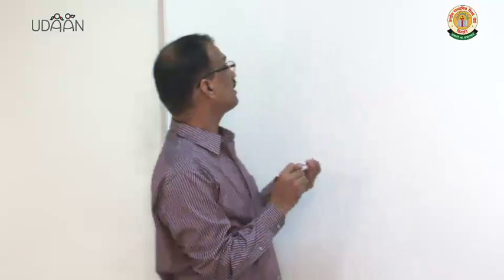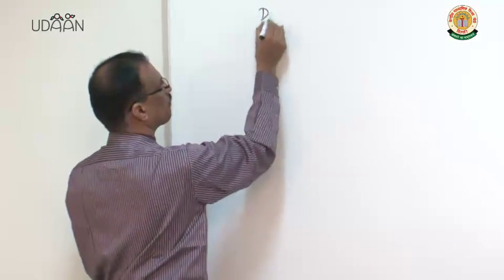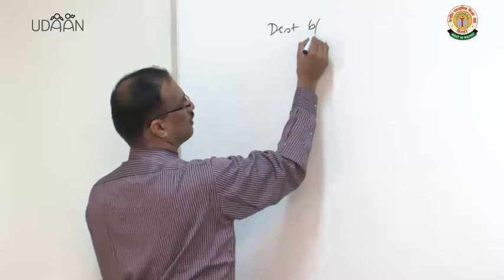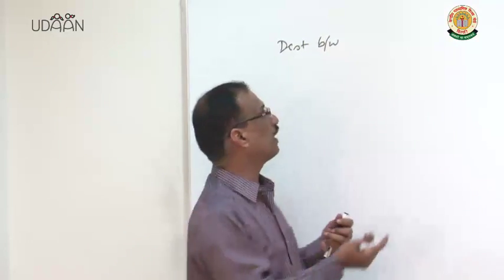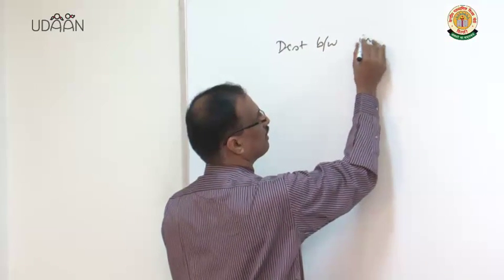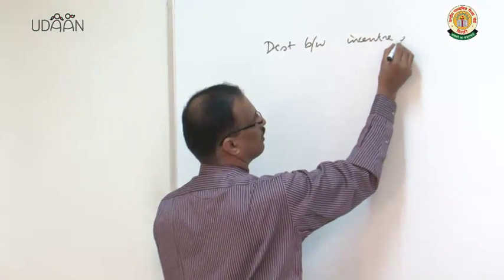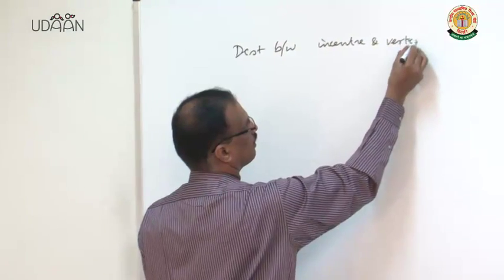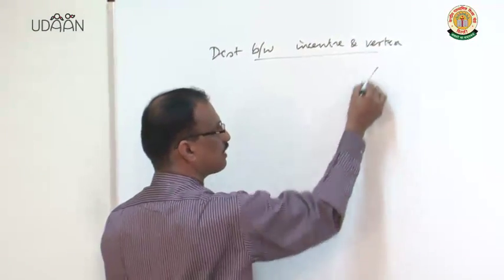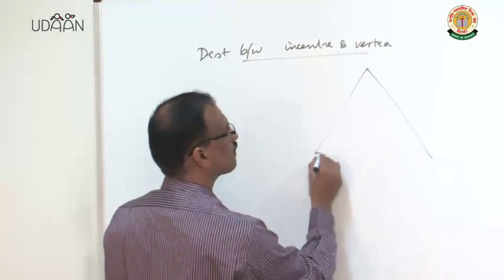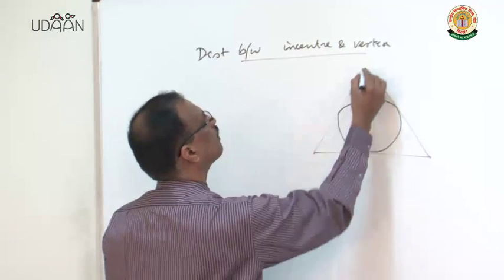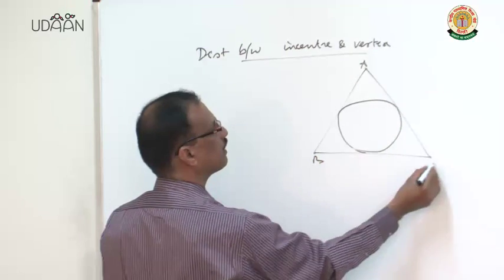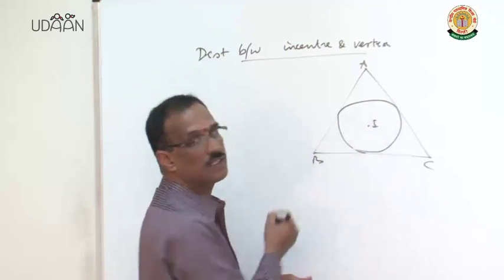Now let us see the distance between the incenter and the vertex. In the triangle ABC, this is your incenter.